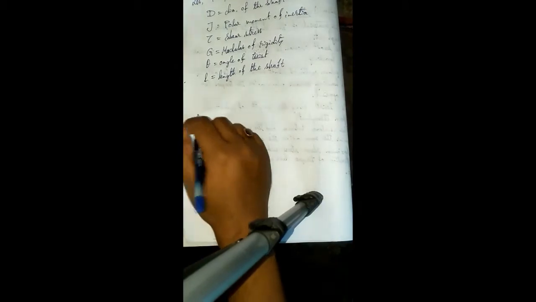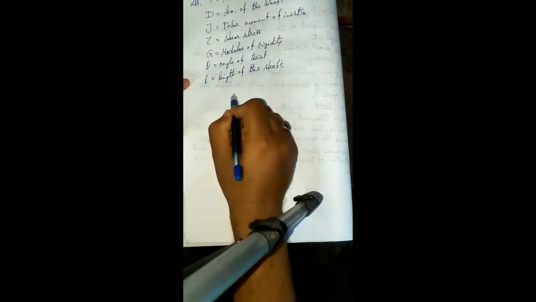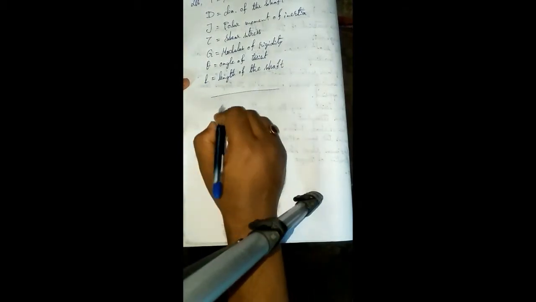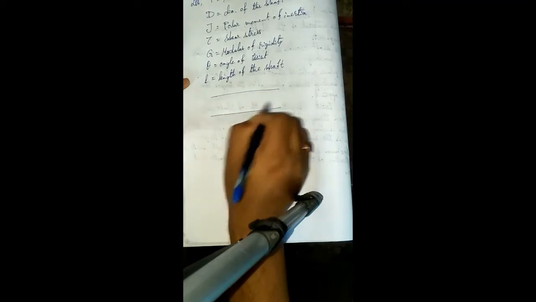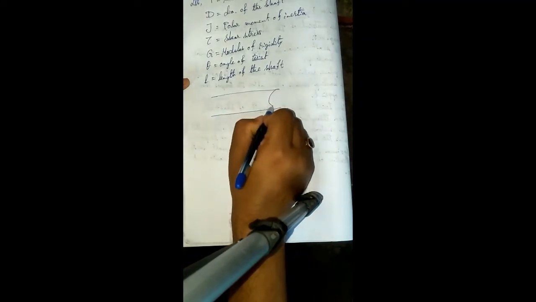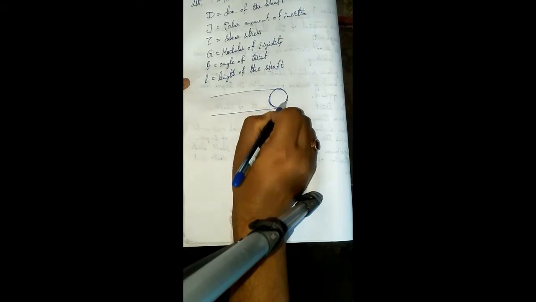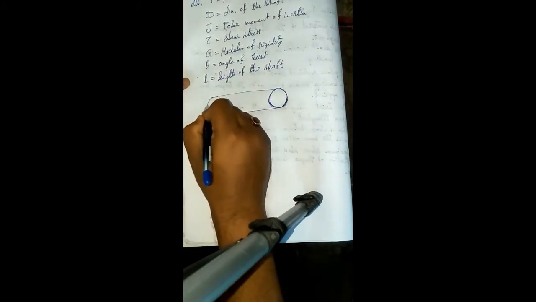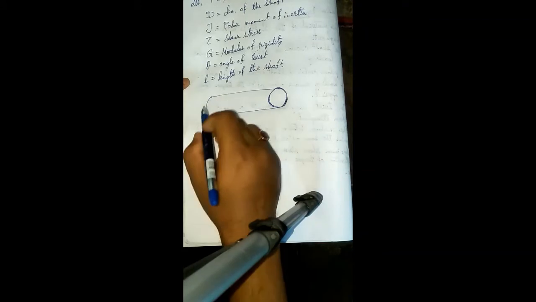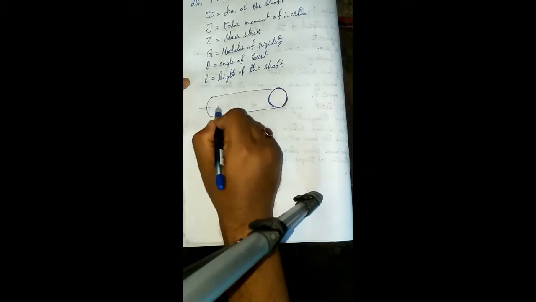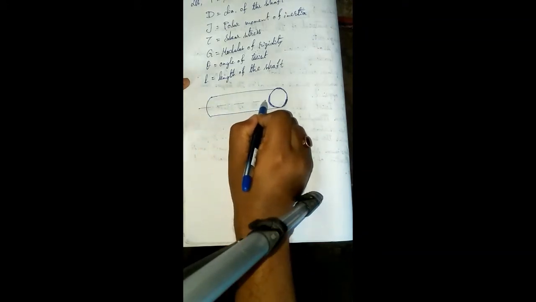So now suppose this is the shaft. This is a circular cross section. There is a center line.